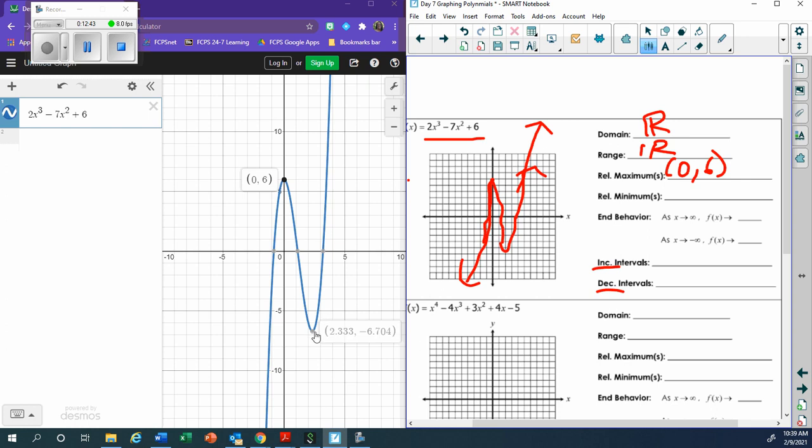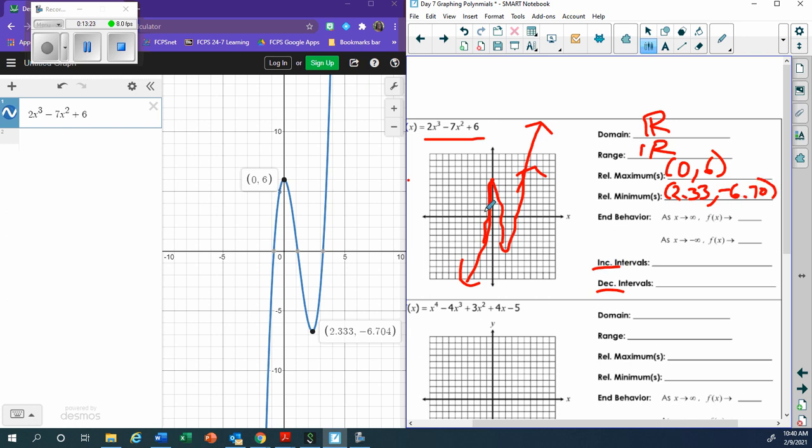The minimum is right here, which is, you should graph it and have this on your paper, so you shouldn't be trying to squint your eyes to look at this. This is what? Good job. Thank you. 2.33, comma, negative 6.7. Let's just do it to the nearest hundredth.